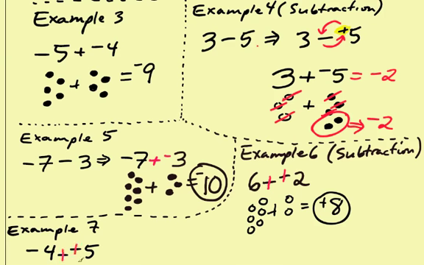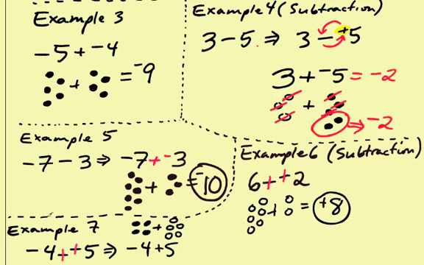Those two negatives turn into two positives. And I can rewrite this as negative 4 plus 5. Let me use my dots. I have negative 4, so that is 4 black dots. 1, 2, 3, 4. And this is positive 5. So that is 1, 2, 3, 4, 5 white dots.